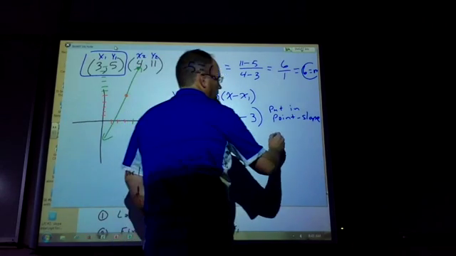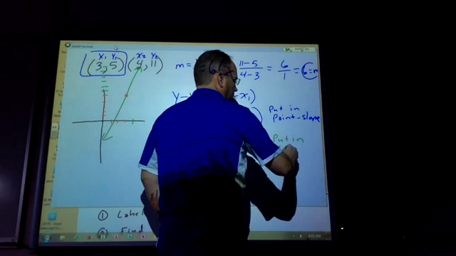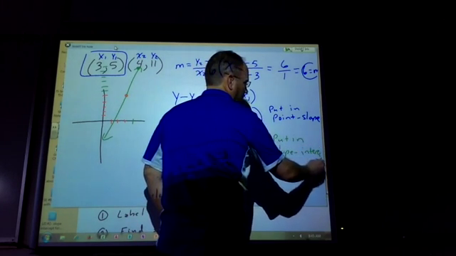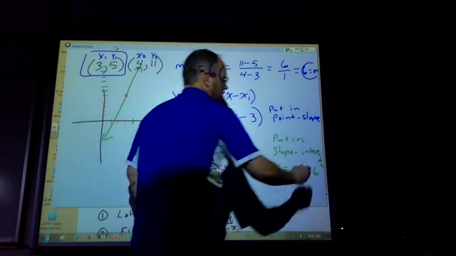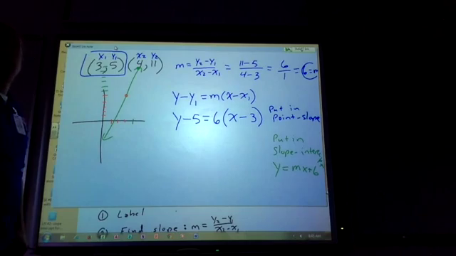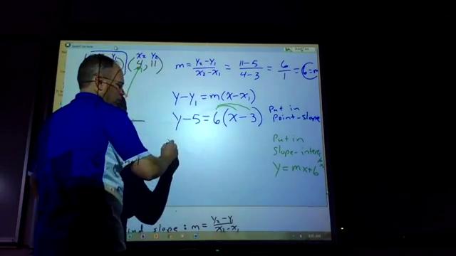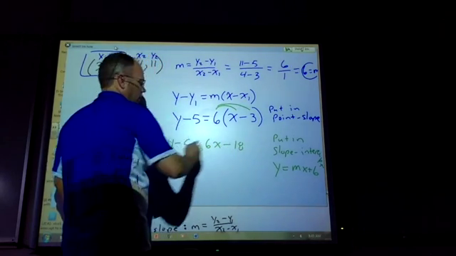If it says put in slope-intercept, that means you're going to make it y equals mx plus b. If it says make it y equals mx plus b, the next step to this is distribute here. And then add 5.